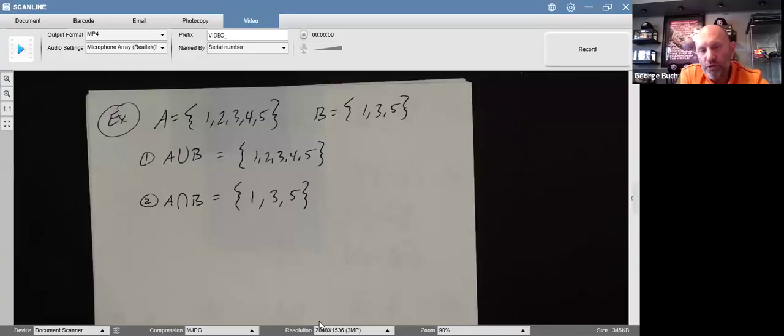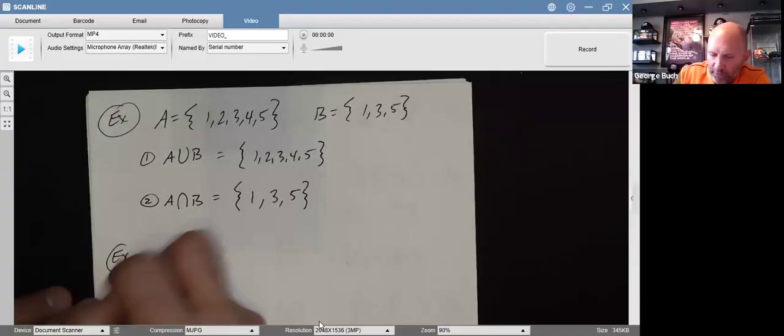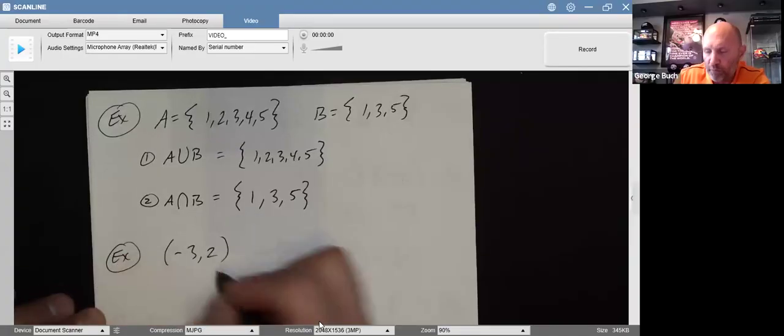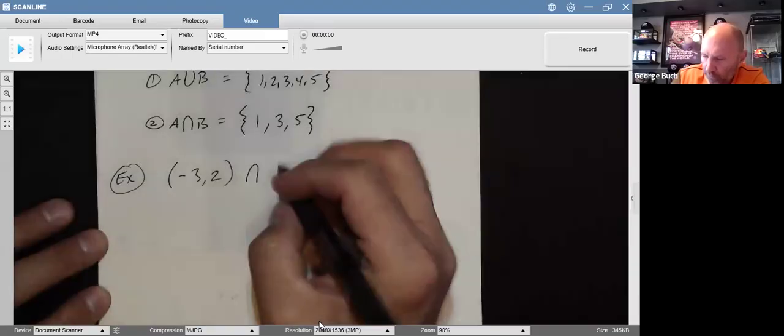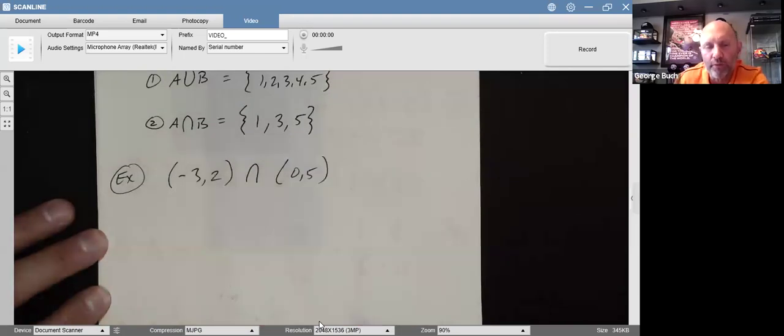So that's how we do union and intersection when we have just sets of numbers, not intervals. Because let's look at how we do an interval. So let's say I want -3 to 2, both of them have parentheses, intersect 0 to 5, also both of these have parentheses.